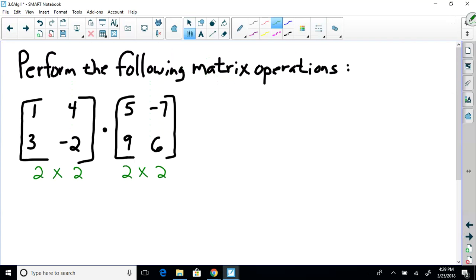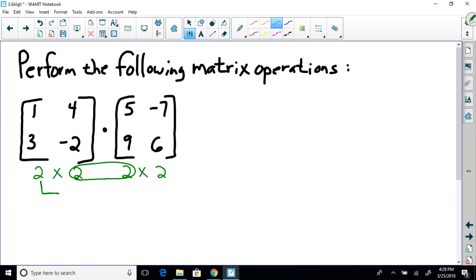As long as the middle two numbers are the same, then you can do this matrix multiplication. If those middle two numbers are not the same, you can't multiply them. So I always recommend that you check those first before you attempt to do the multiplication, because maybe it won't be possible. This one obviously is.